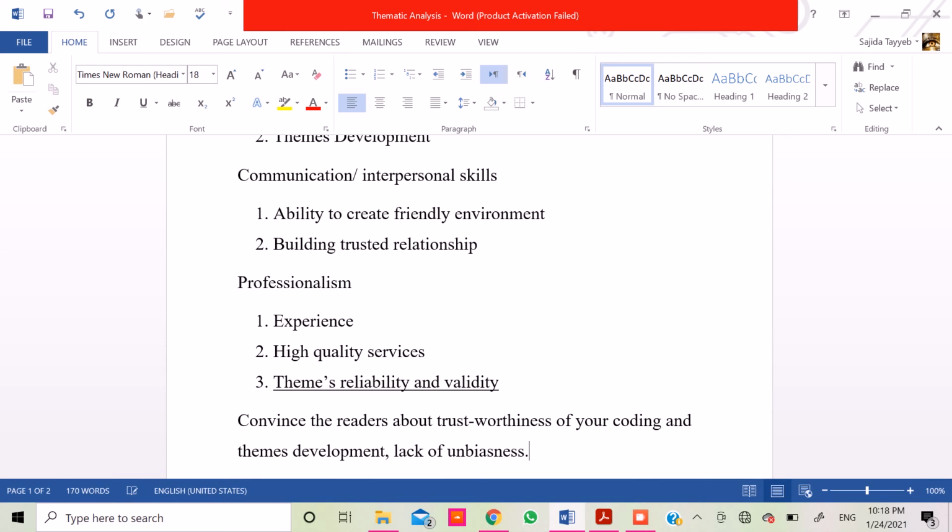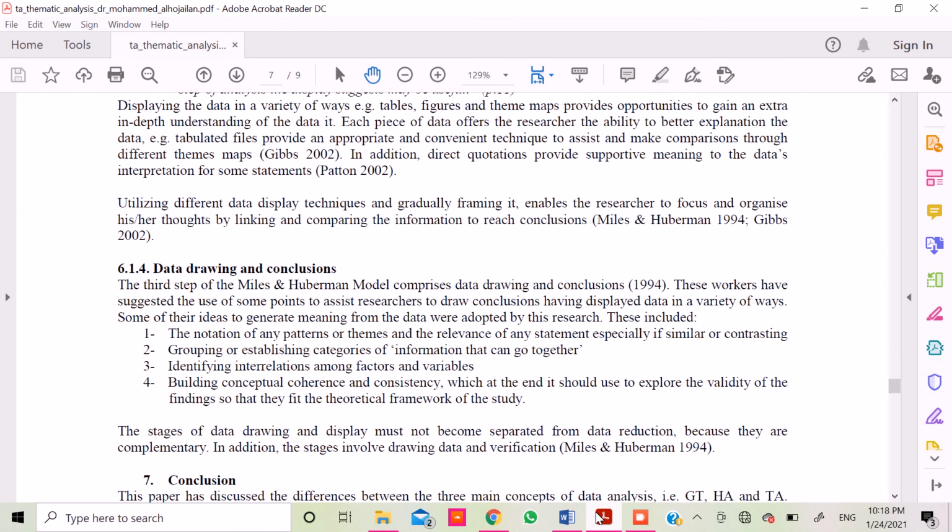Okay, so what does it mean? That means you have to convince the readers that the coding and also the themes development process has been very trustworthy, and that you have not been biased in referring to anyone's words or changing anyone's words. For that, in this paper it particularly talks about involving an external researcher for data reliability and validity.